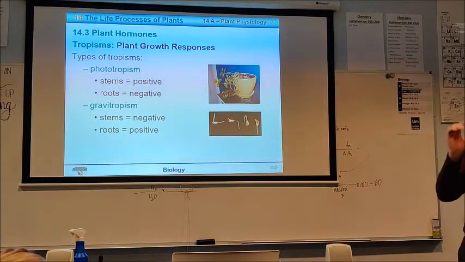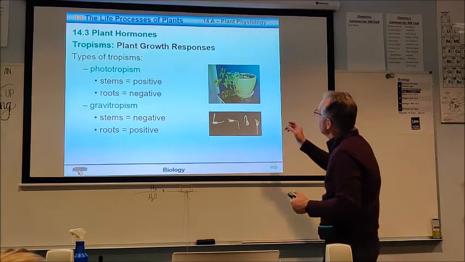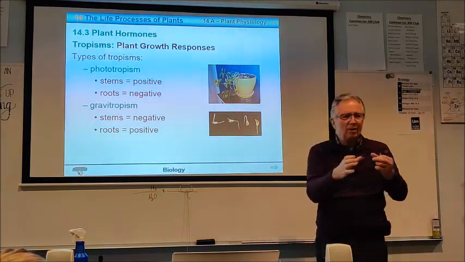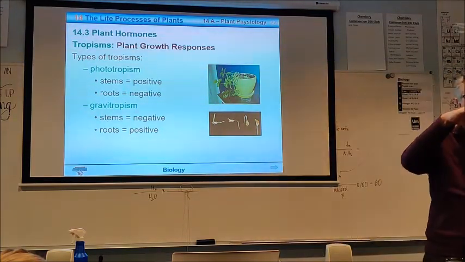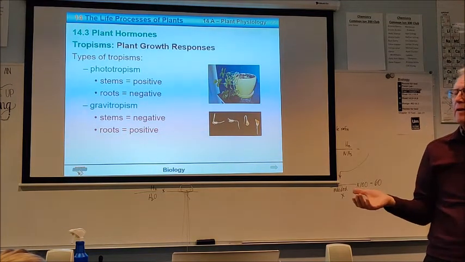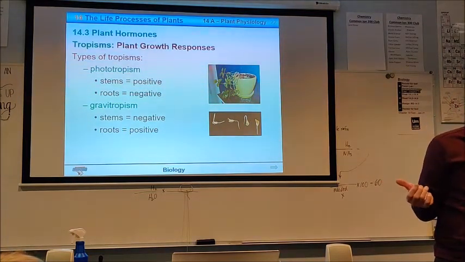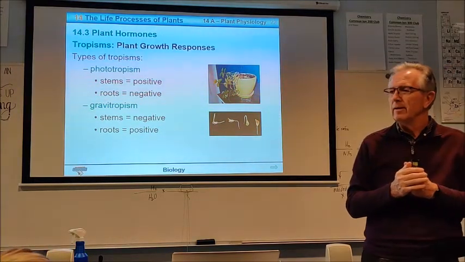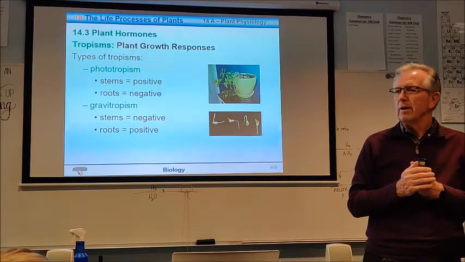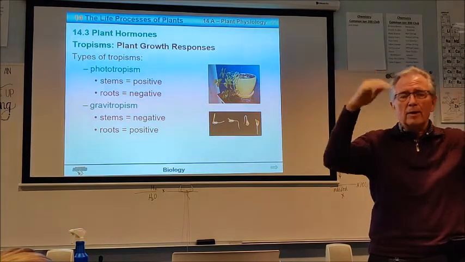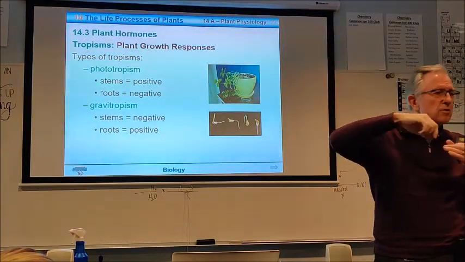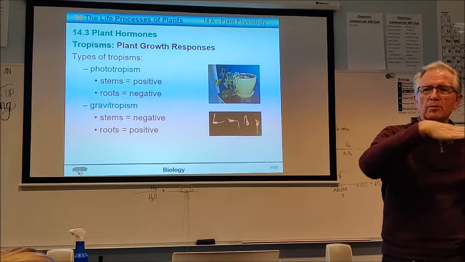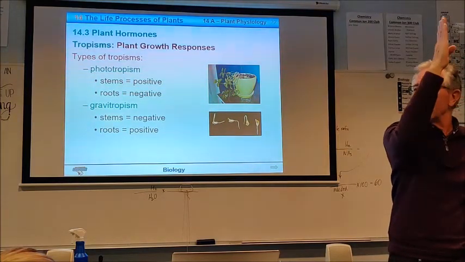Stems will go up. Let's say you had a nice plant growing, it was already this tall, and the pot got knocked over on its side and nobody caught it. Well, what do you think is going to happen? Light is usually going to be up, so the ends where the growth is taking place will start heading back up.